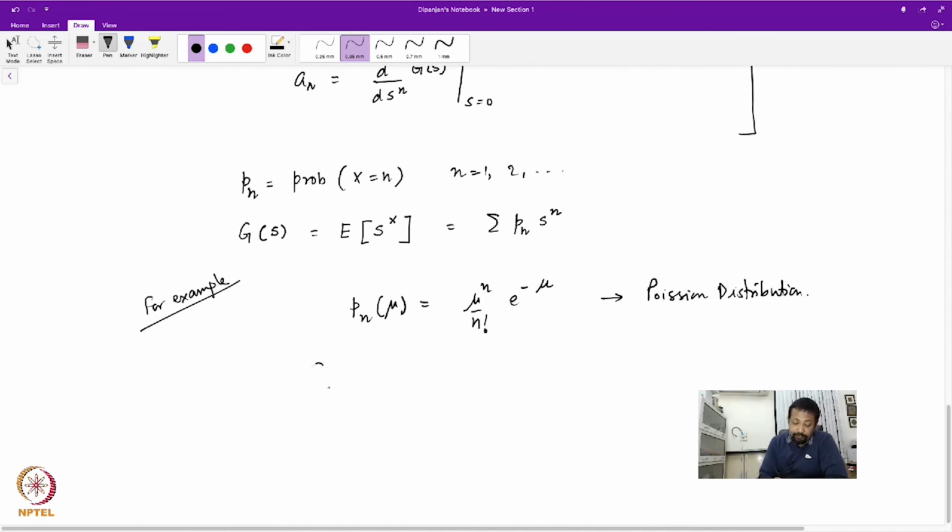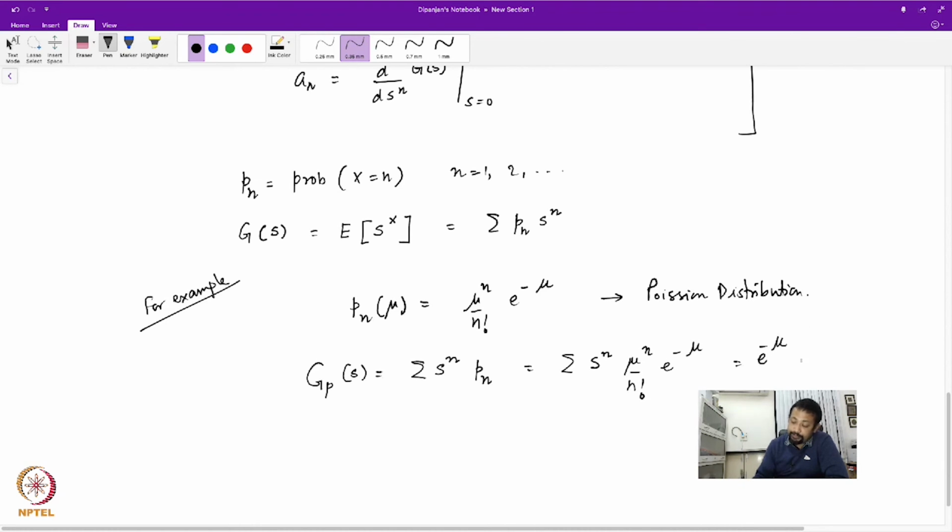And here I want to calculate the generating function. This is going to be the sum of s to the power n P_n, which is the sum over s to the power n, mu to the power n over n factorial, e to the power minus mu.